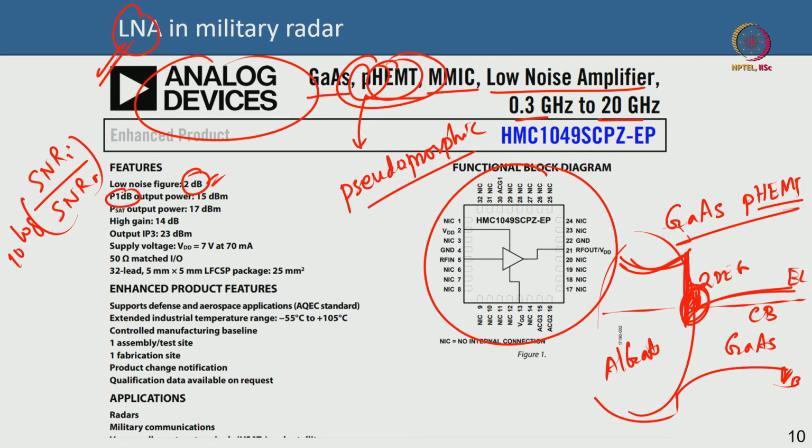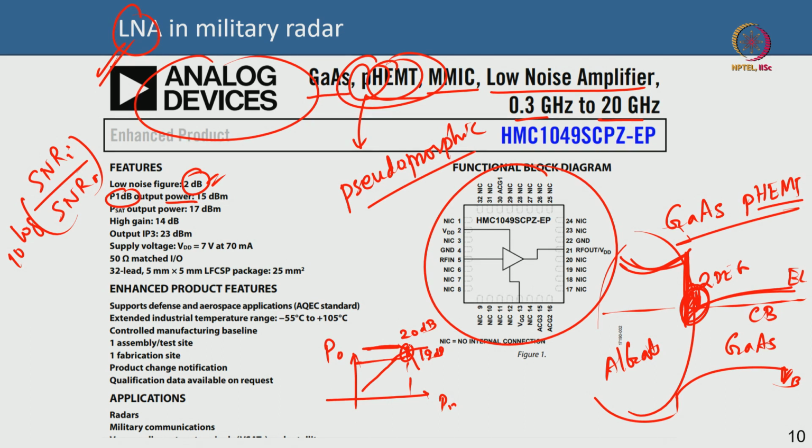P1 dB output power, what does it mean? It means at 1 dB compression, we will talk about that in subsequent lectures by the way. At the 1 dB compression point, essentially if you plot output power with respect to input power, the power increases linearly, then it saturates, which means the gain stays constant, then the gain comes down. So if this constant gain is say 20 dB, then the point where the gain comes down by 1 dB, which is 19 dB, that point is your 1 dB compression point.